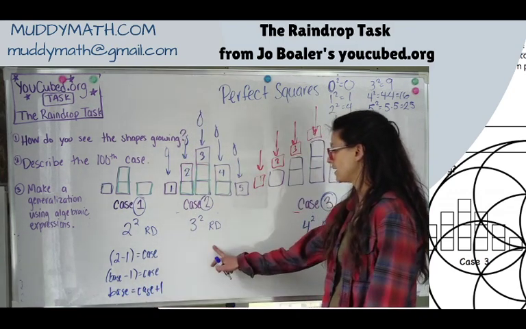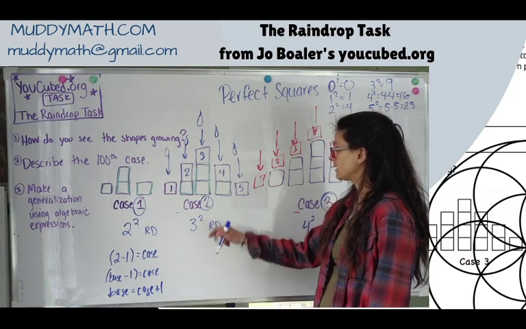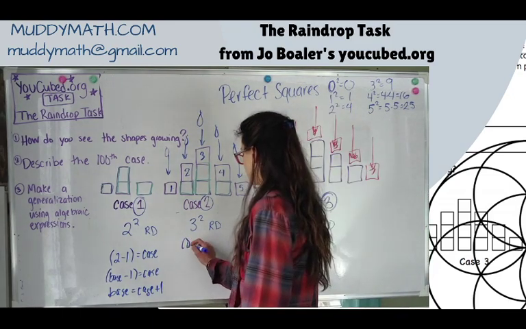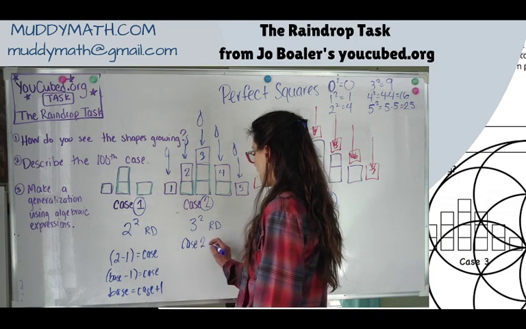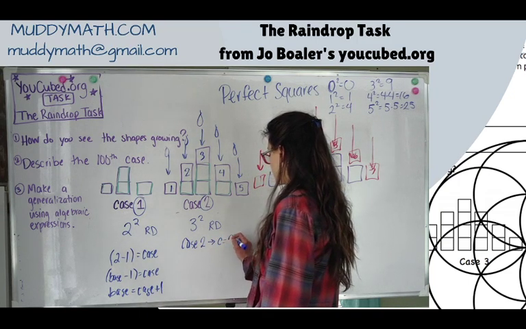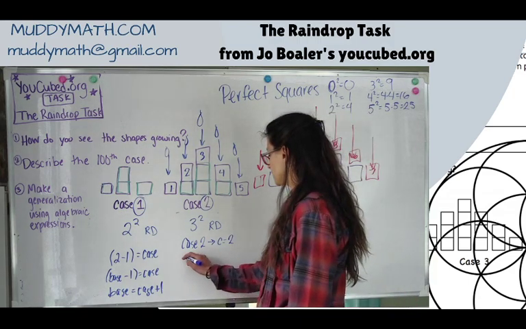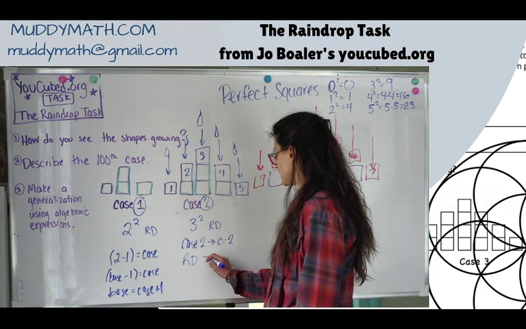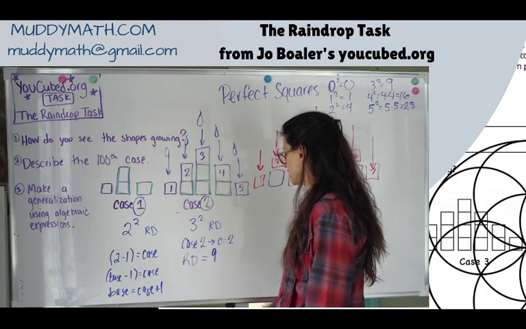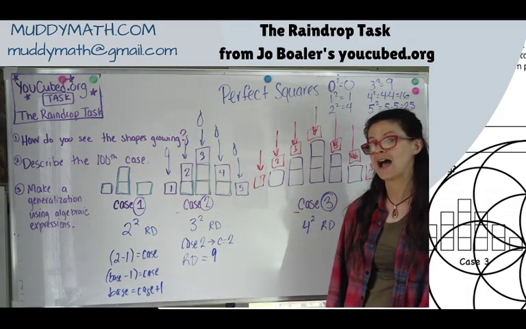Okay, so let's apply that here. So I know that in case 2, so we'll call that C equals 2, the second case. We have how many raindrops? We have RD equals 9. So how can I get from 2 to 9?